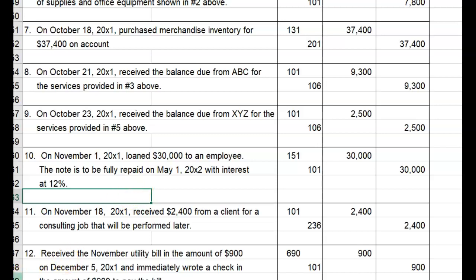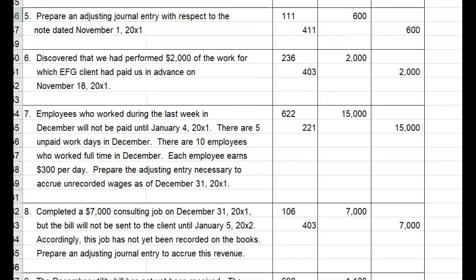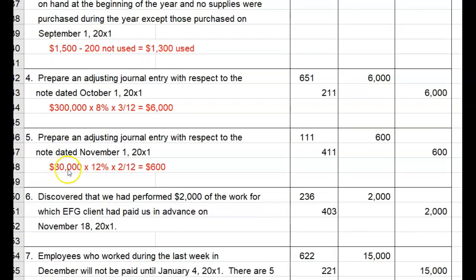So let's go back to the adjusting journal entry page. Principal of $30,000 times 12% annual interest rate times 2/12 equals $600 of interest income with respect to this note receivable.